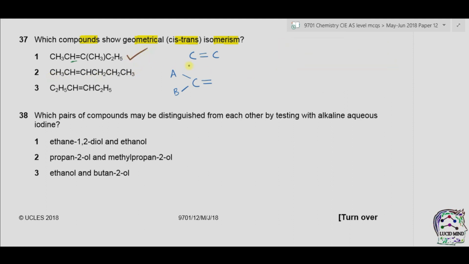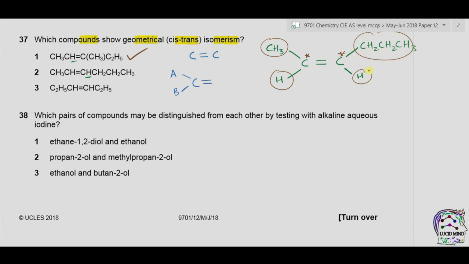Now drawing option 2, we have CH3, carbon, and hydrogen is also present. Then we have carbon with hydrogen and CH2, CH2, CH3. Now we can see that the double bond is present, and the double bonded carbons are attached to two different groups or elements on both sides. So this will also show cis-trans isomerism.